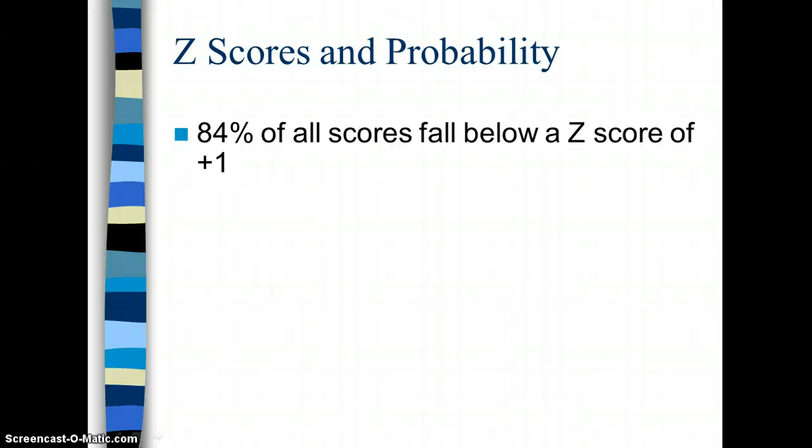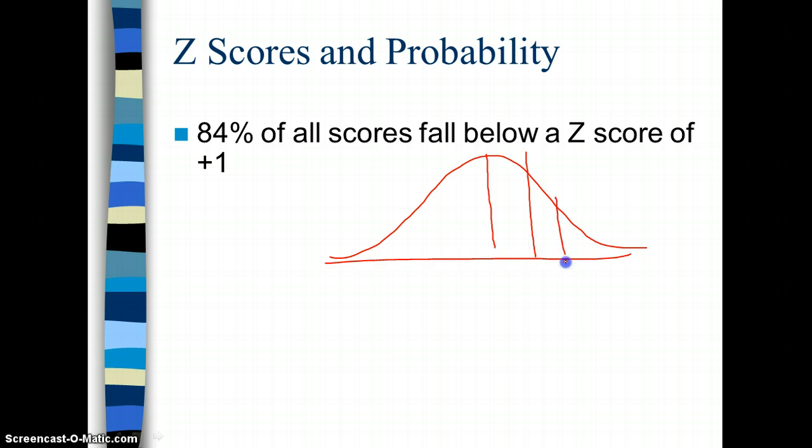All right, z-scores and probability. We know that 84% of all scores fall below a z-score of +1. Why do we know that? Well, because when we're looking at our standard distribution, we had 0, 1, 2, 3, -1, -2, -3.